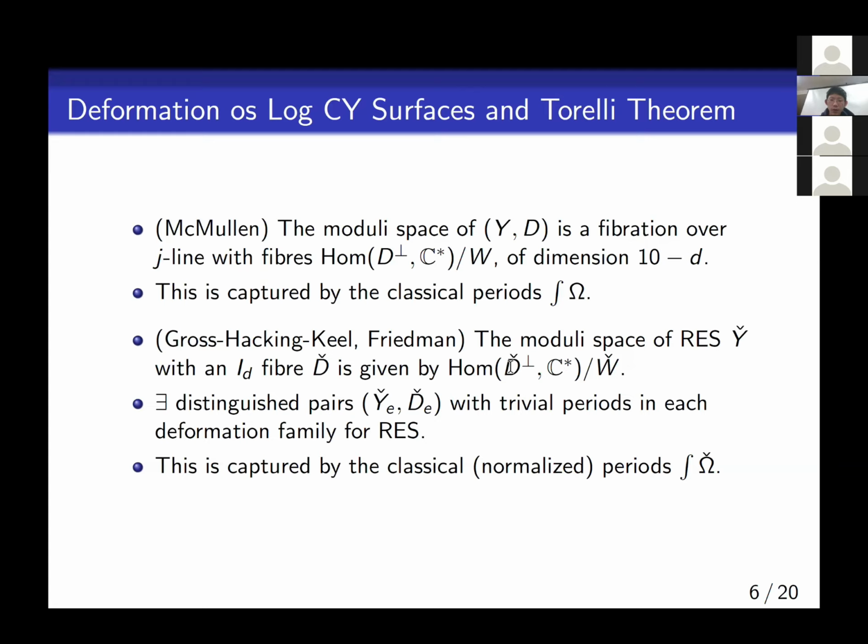This D check perp is the elements in the Picard group of Y check which are perpendicular to each component of D check, so there are relations imposed by D. Since Y check is originally P2 blown up at 9 points, its Picard group has rank 10, and then you impose the D relations, so you get dimension 10 minus d. Again, quotient by some Weyl group, which is a finite group.